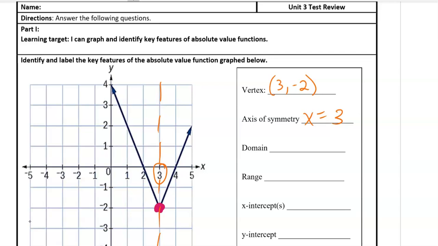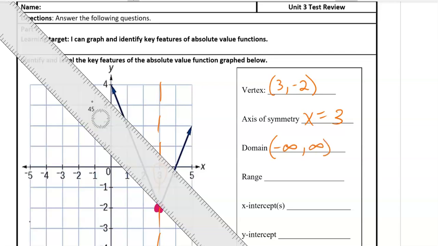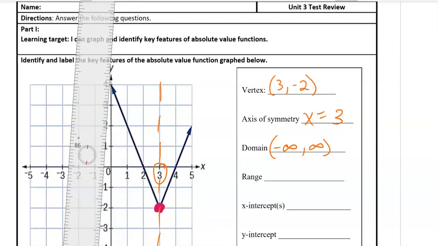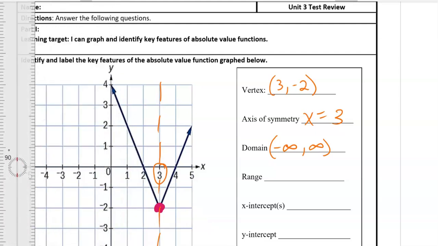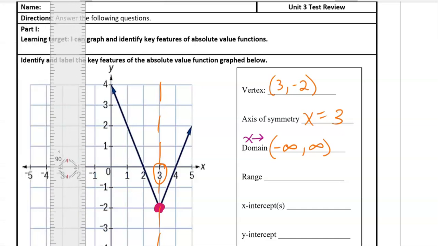For the domain, all absolute value functions have the same domain, negative to positive infinity. And let's think about that. If you were to take your pencil, pretend this ruler is your pencil. Because the domain includes the x values from left to right, we're looking at the x-axis, we move our ruler from left to right.